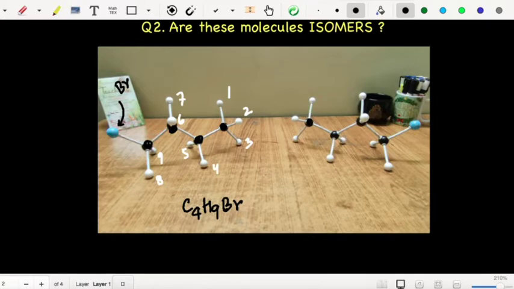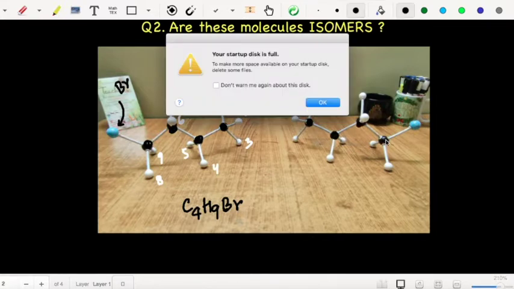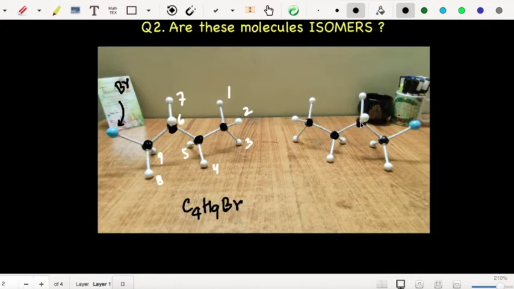Similarly, the molecule on my right also has 4 carbon atoms, C4, and it has 9 hydrogen atoms and a bromine atom attached out here. So this too has a formula of C4H9Br.